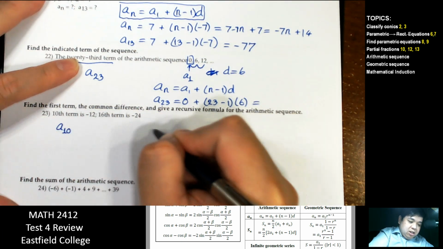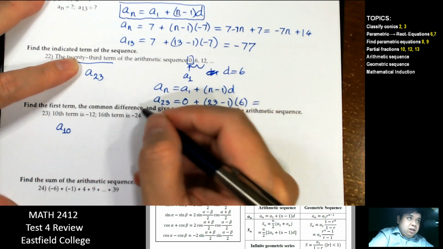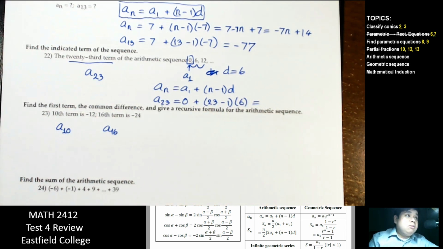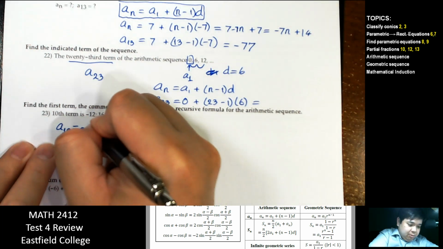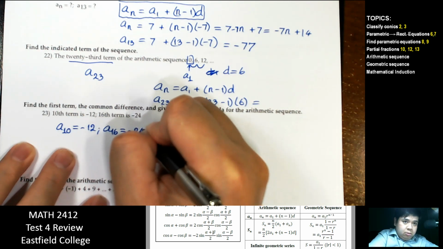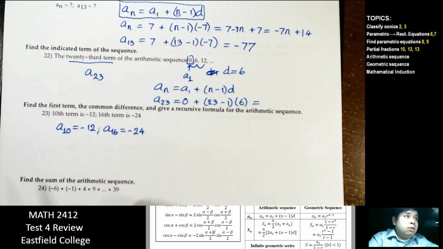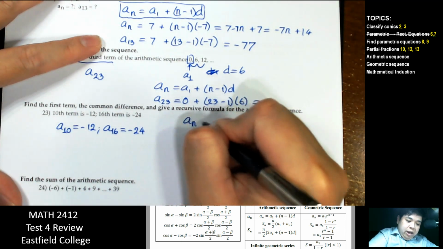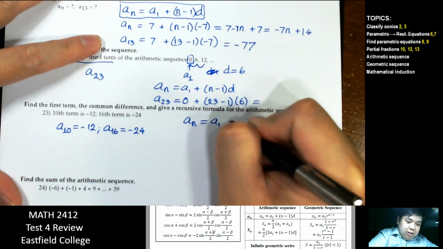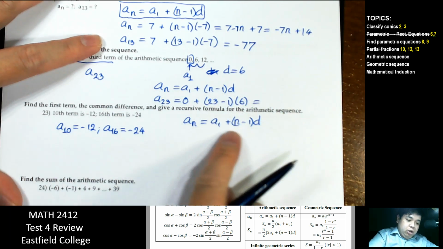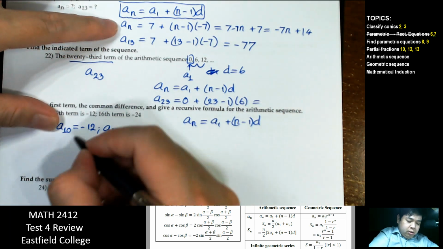So we have the 10th term and the 16th term. Right. In general, we have the same formula. And then we're going to use that information.